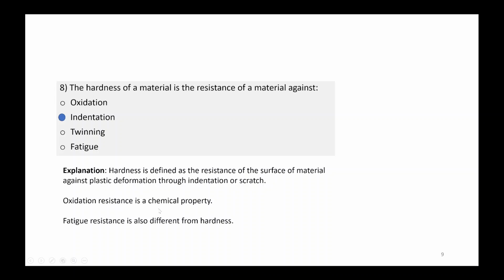Oxidation resistance is a chemical property of material, so it won't be the answer. Fatigue resistance is also different from hardness, and it is obtained by using the fatigue test. And twinning is also different because twinning is one type of plastic deformation in HCP and FCC materials.